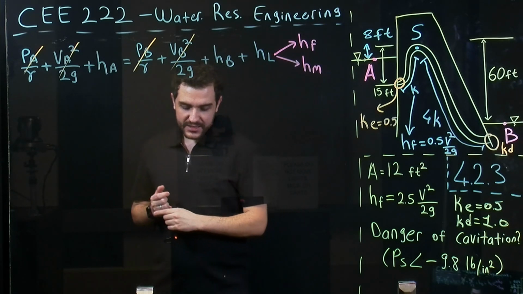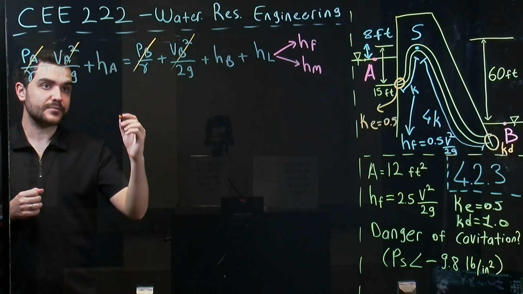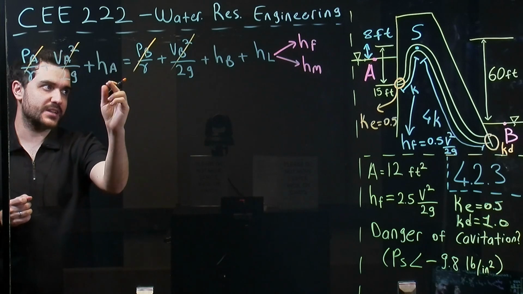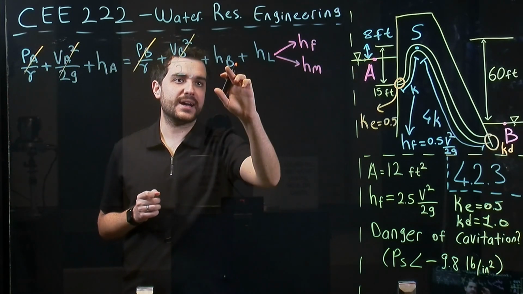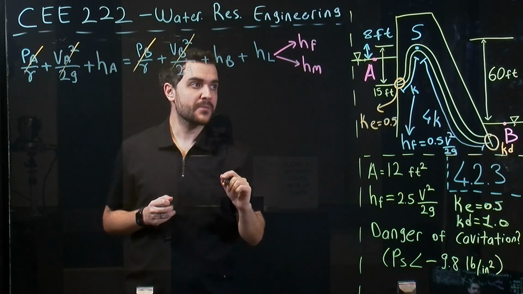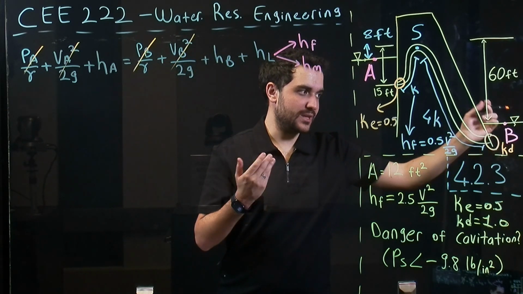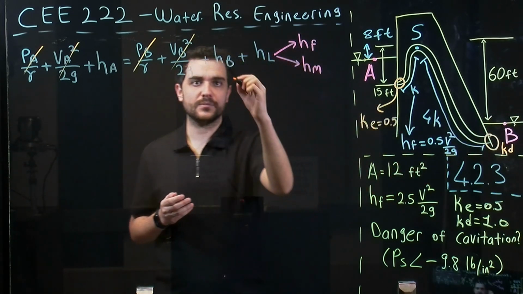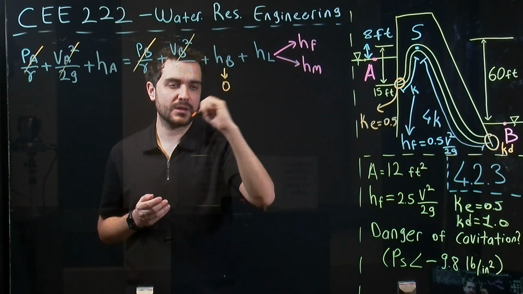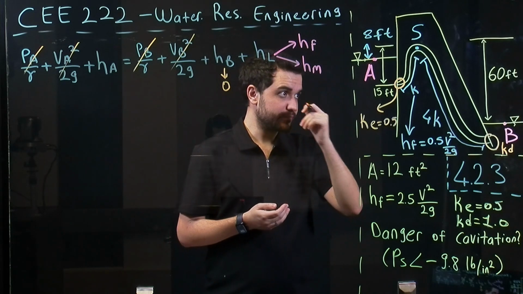Okay, the remaining is HA, which is the elevation of this point, and HB and head losses. So if we take this point as reference, so let's say this is point 0 at 0 feet.